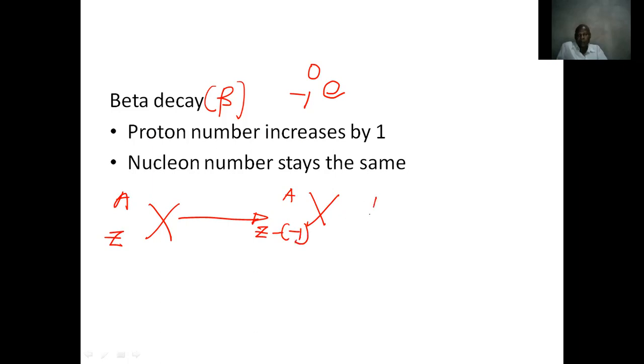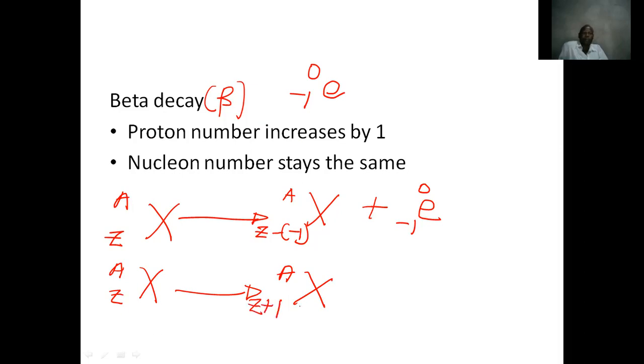Then you're going to add the electron. So in other words, this gives you A, Z, and then the new element is going to have the same nucleon number, and we're going to add 1 to the proton number, because -1 multiplied by -1 gives you positive. Then plus the fast moving electron.